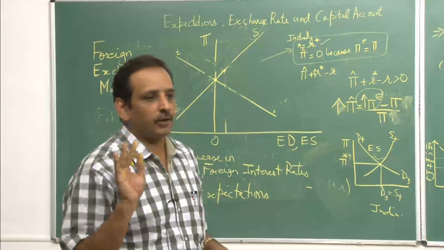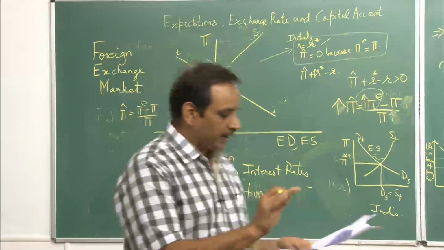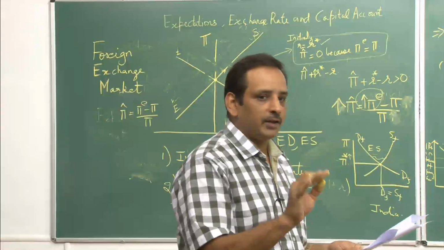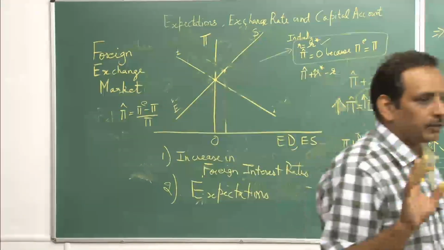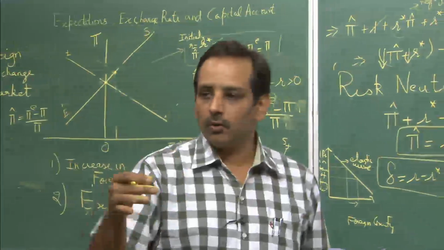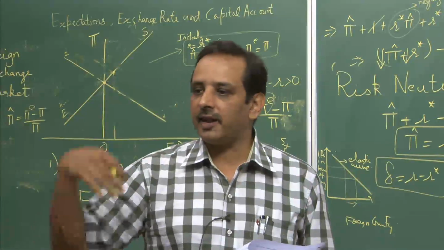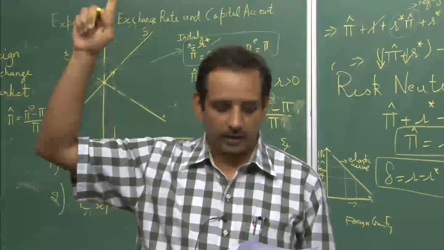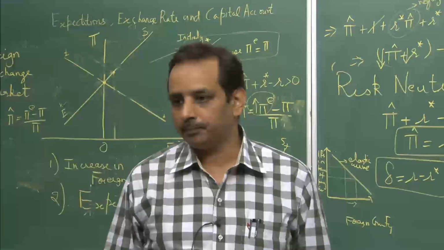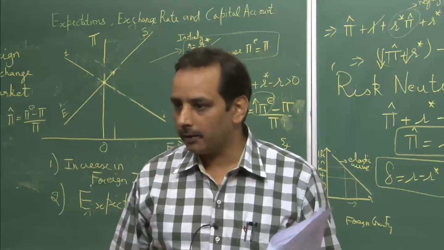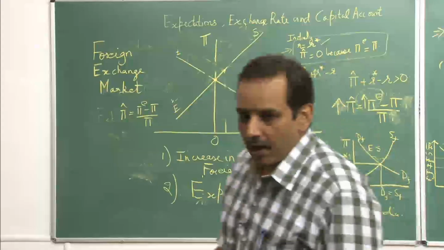But at least speculators know that the exchange rate has reached P dash. They know that they can buy the currency at P dash and sell it maybe at a future rate at P star. Okay.